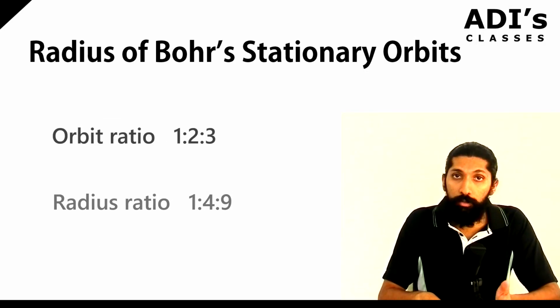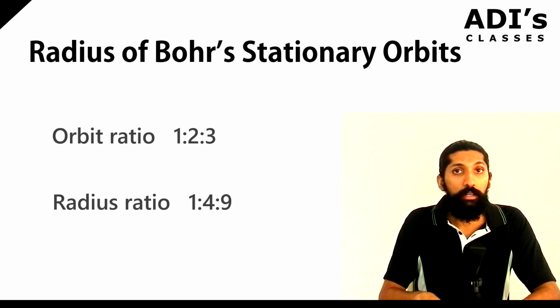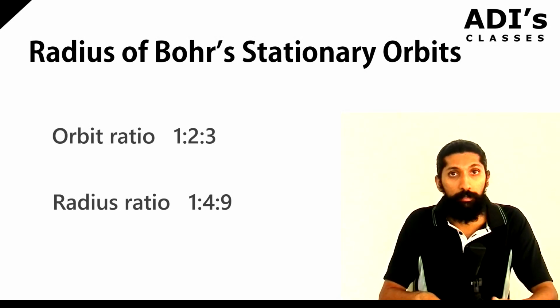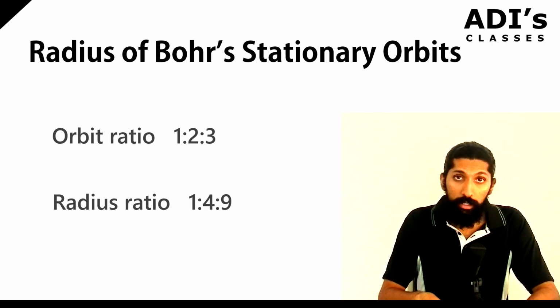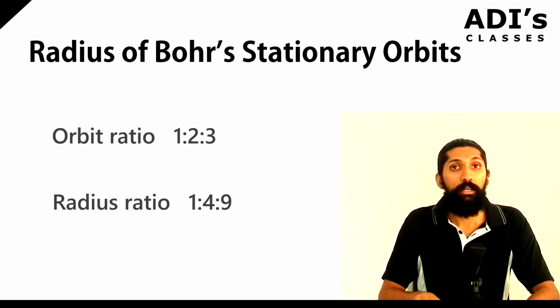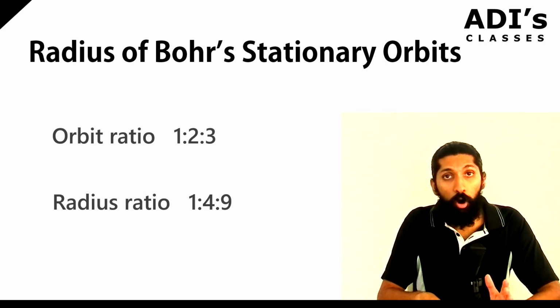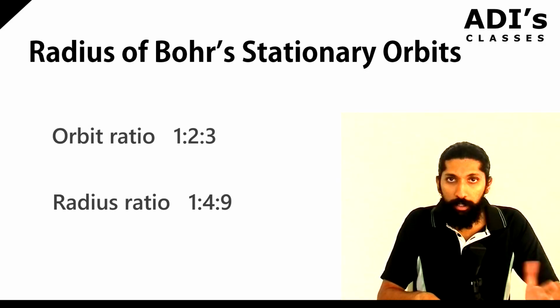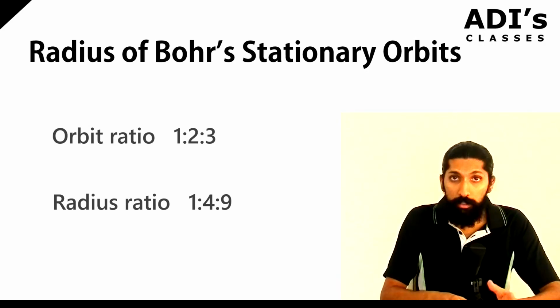This is the radius of the nth orbit. Alright, this is the first part.